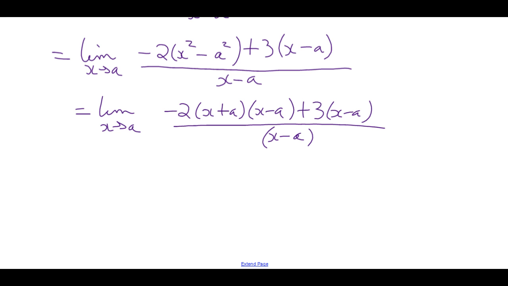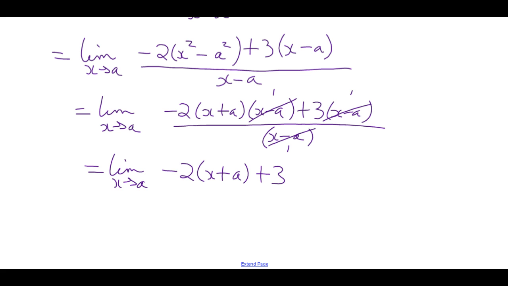So what do we do with the x minus a? Got it, right? Common factor. Okay, so what do we got? Ooh, this will be nicer. Nice, simple expression. Coincidence? I think not.